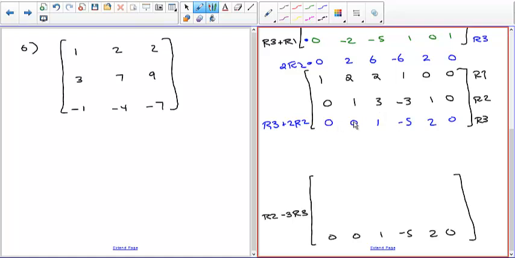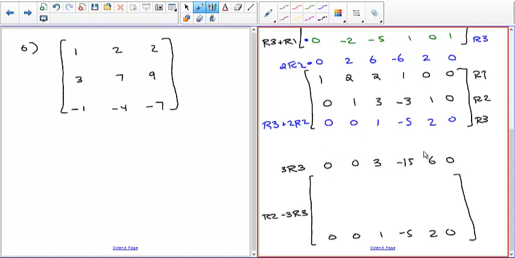Because these are 0, they don't affect these two elements, which we already have where we want them to be. So let's do 3 times row 3. Here's row 3, same one's down there, but I'm just going to do it here because it's easier to find. 3 times this row, so we get 0, 0, 3, negative 15, 6, 0.